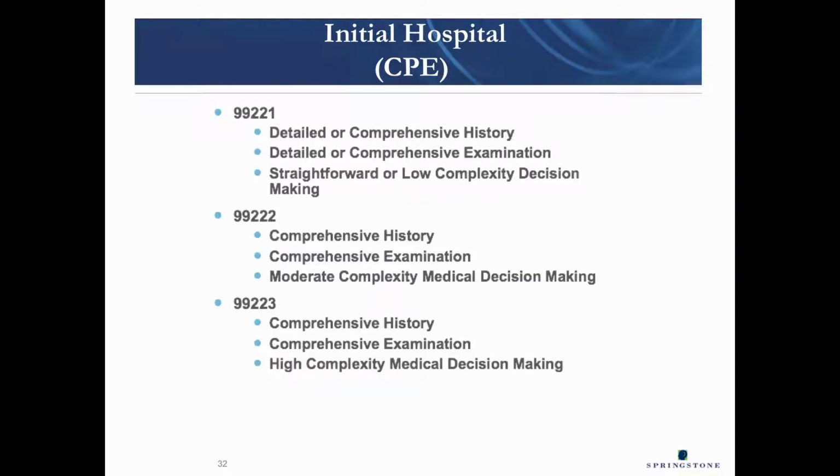This just gives you a reminder of what the requirements are for the initial hospital visit. And as you can see, again, most are going to be billed at a 222 and 223. And the only difference between those is the level of complexity of medical decision making, whether you have high complexity or moderate, because both require comprehensive histories and exams.